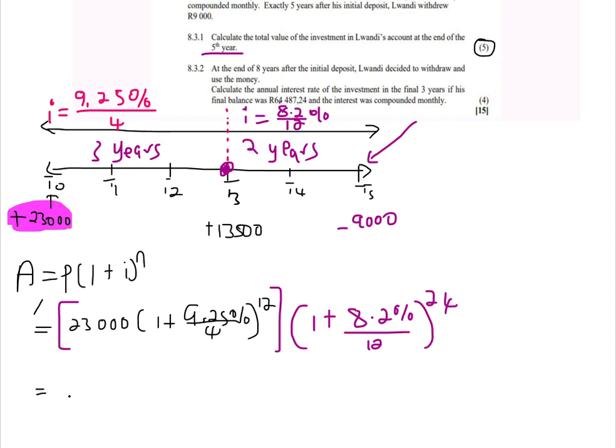So the amount at the end of the 5 years will become 35,633.152. In your exam, they will tell you to round off to 2 decimal places, but for calculation's sake, we are still in the middle of the equation. Do not round off, we will round off at the end.